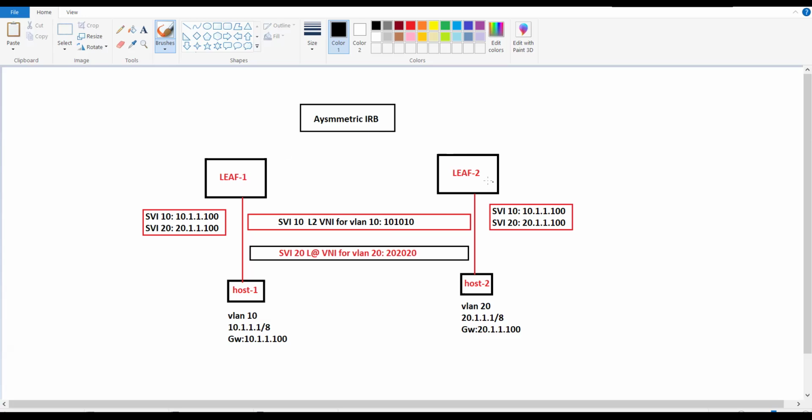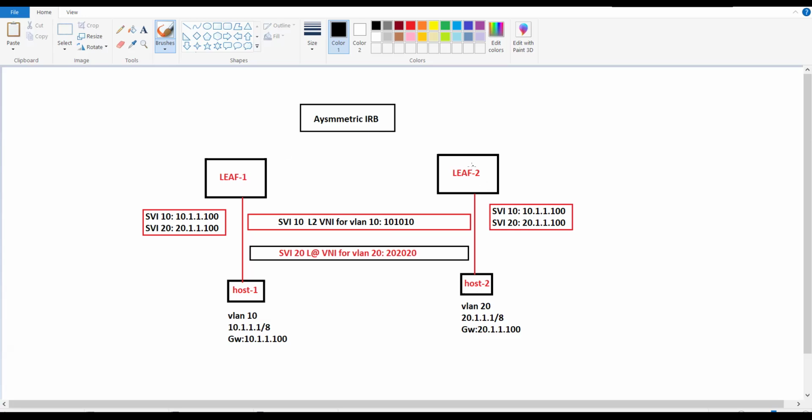When host 2 replies back, it sends the traffic to SVI 20. The traffic is routed internally at leaf 2 from SVI 20 to SVI 10.